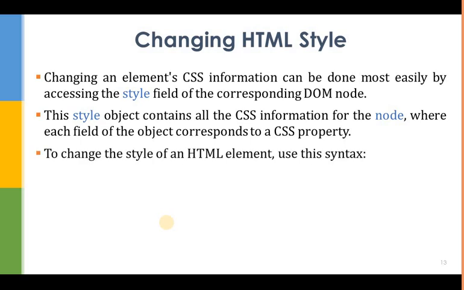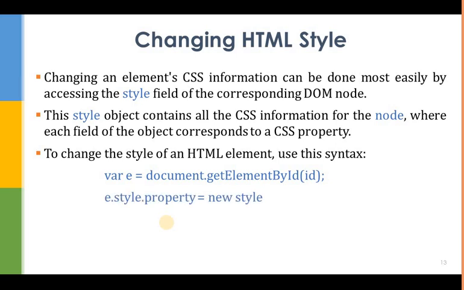To change the style of an HTML element, use the following syntax. Now you are familiar with this line, which is used to get an element using ID. After that you just need to use e.style.property. Style is also an object.